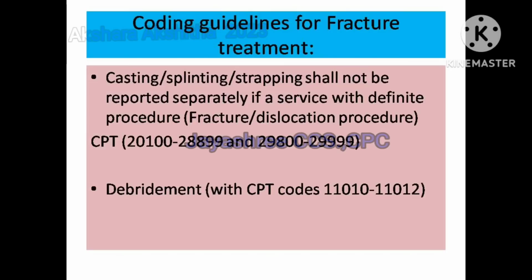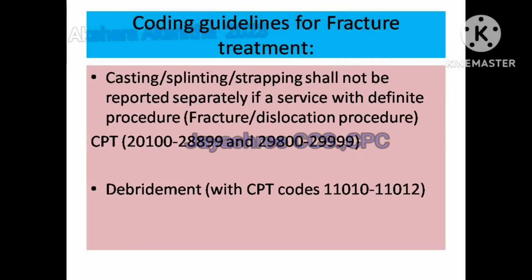Casting, splinting, strapping CPT codes shall not be reported for application of dressing after a therapeutic procedure. Okay. Then next, this says casting, strapping CPT codes shall not be reported separately if the service is performed on the same anatomical area.